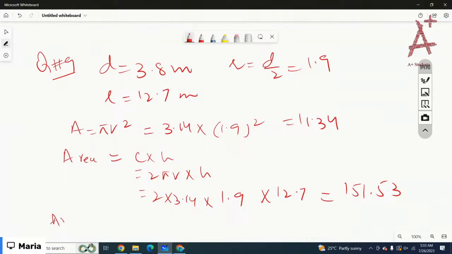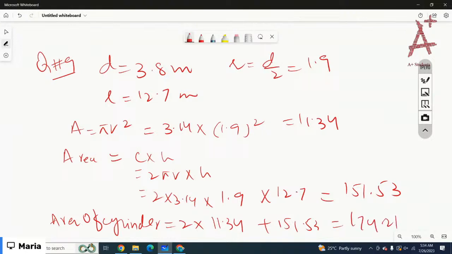So the area of the cylinder is 2 times 11.34 plus 151.53. So it would be 2 times 11.34, 22.68, and 22.68 plus 151.53 is 174.21. So the correct option is 174.21. Got it?